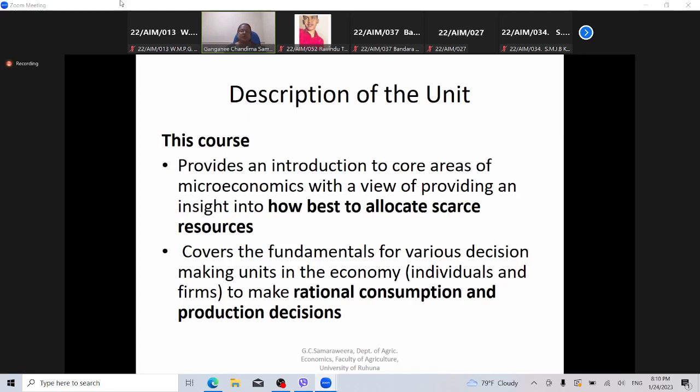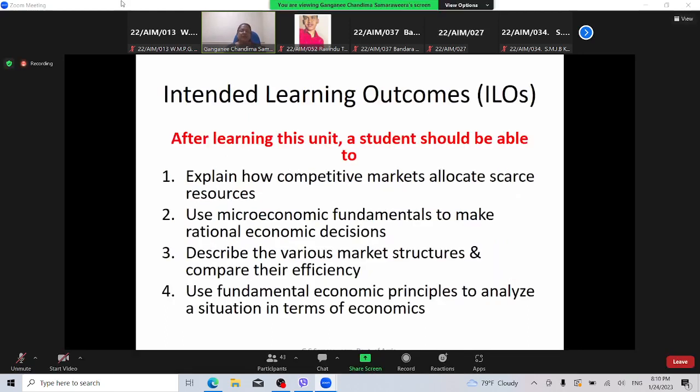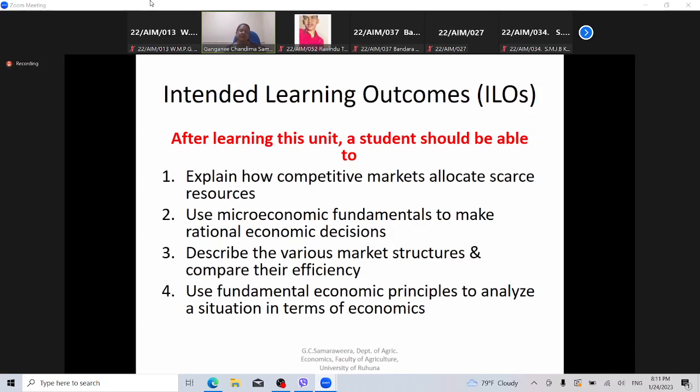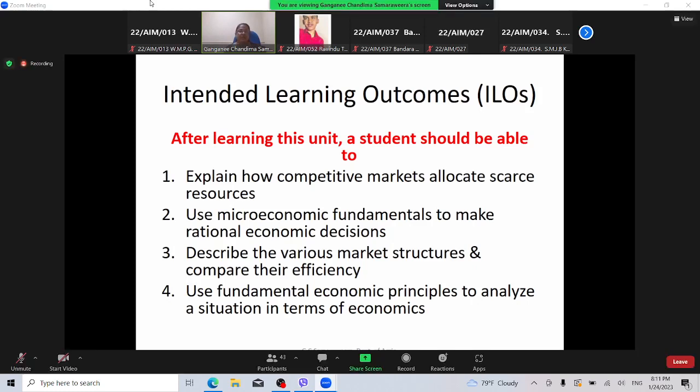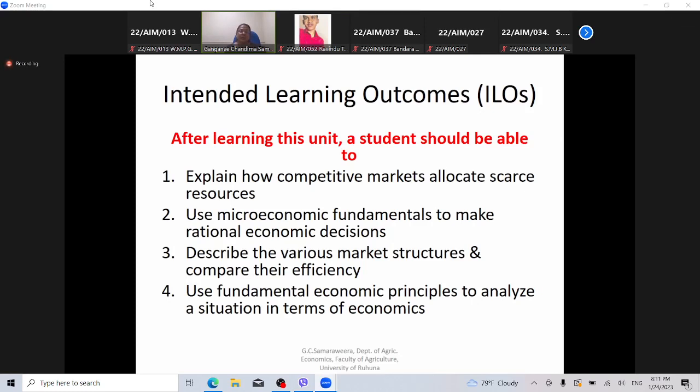Okay, so first of all, I'll give you a brief introduction to the intended learning outcomes. At the end of this unit, after learning this unit, you should ask questions of yourself. After ending this whole unit, you should be able to explain how competitive markets allocate scarce resources. So we are going to learn about competitive markets and about allocation of scarce resources.